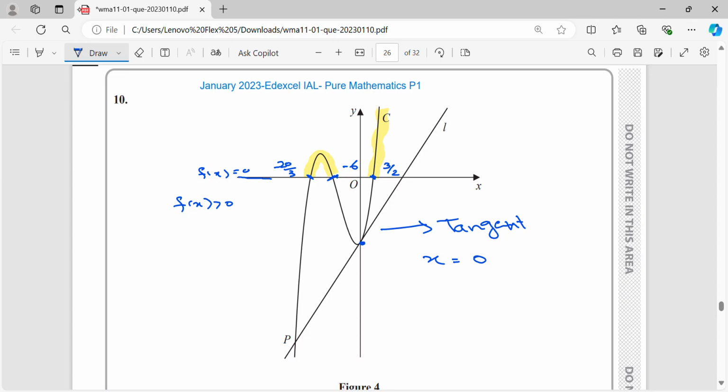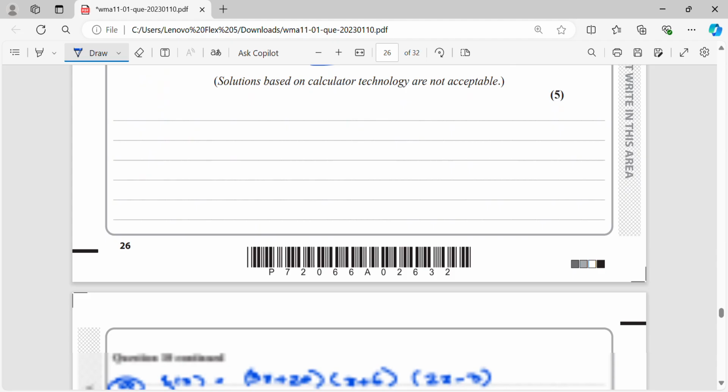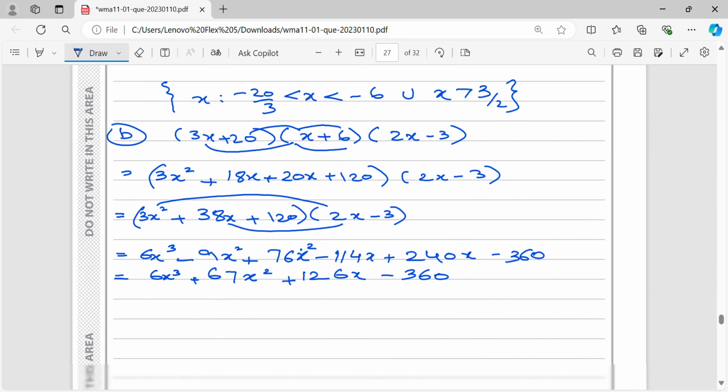L is a straight line that touches the curve at this point, P. The question says there is a tangent, and because it is intersecting the y-axis, x is 0 here. So if x is 0, let's look at what the curve is.